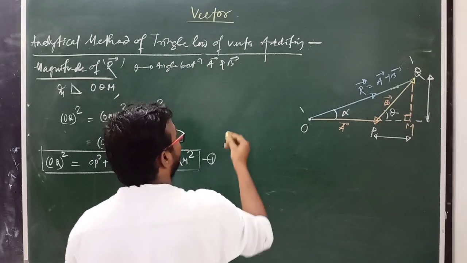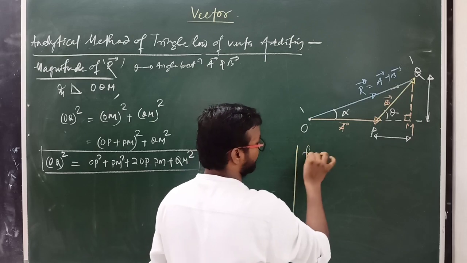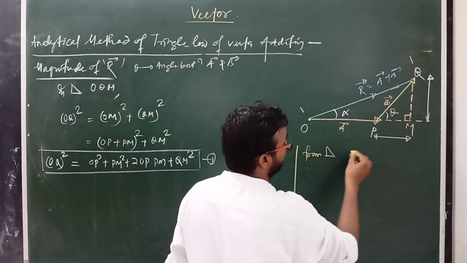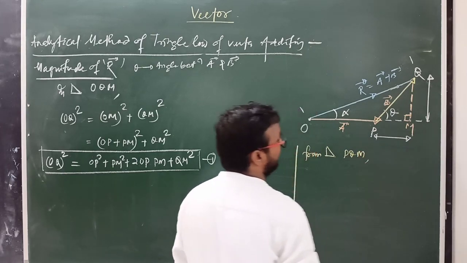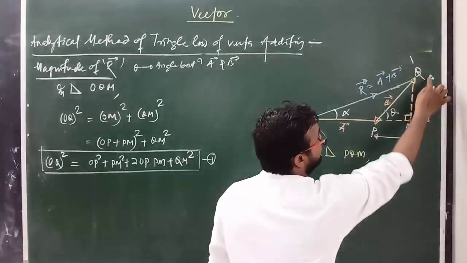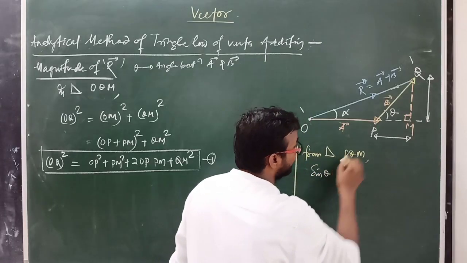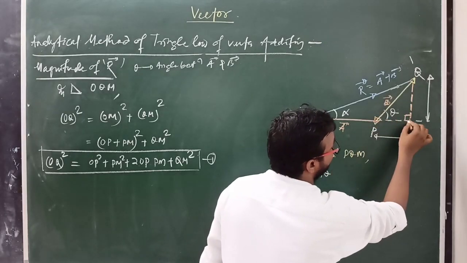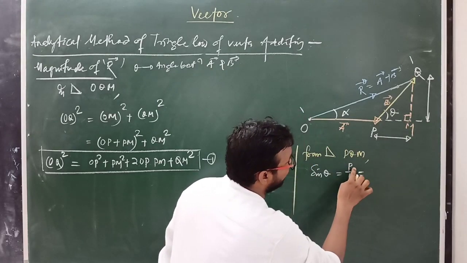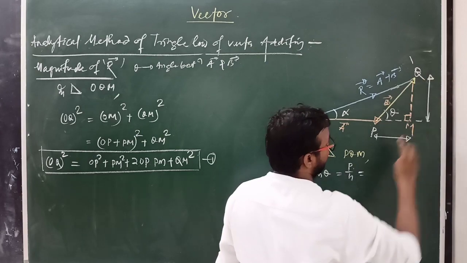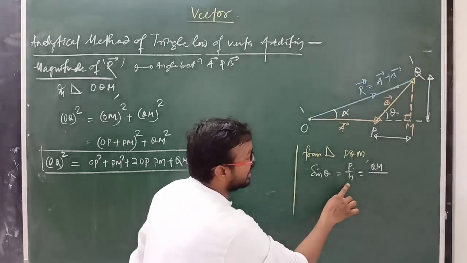So you can write from right angle triangle PQM. Here we need base, and this is height. So I am writing sin theta, because this angle is theta. So sin theta equals perpendicular upon hypotenuse, perpendicular P means this height, which is QM, divided by H. What is H?